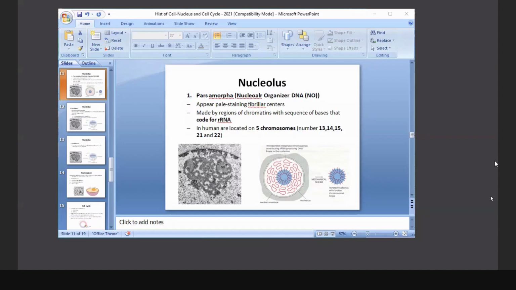How are chromatin and chromosomes distributed in multinucleated cells, such as osteoclasts? Multinucleated cells are the same as other cells that did not undergo cytokinesis. During cell division, there is karyokinesis, the equal division of the nucleus, and cytokinesis, the equal division of the protoplasm.